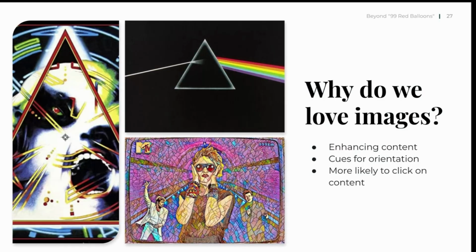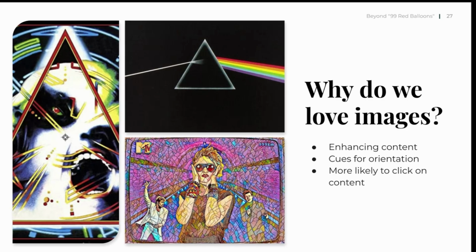Okay, so different image types. Why do we like images? Well, they're not just for decoration most of the time. They enhance our content in meaningful ways, especially for people with learning disabilities, because they can reinforce the content on the page. For people with low vision, they can provide cues for navigation. In digital spaces, images drive engagement, especially around social media.